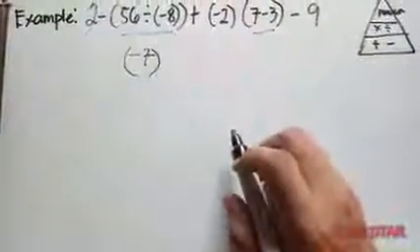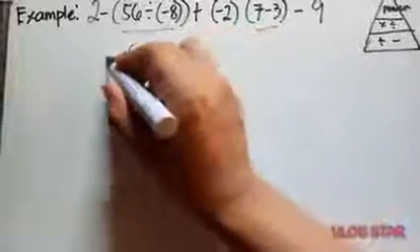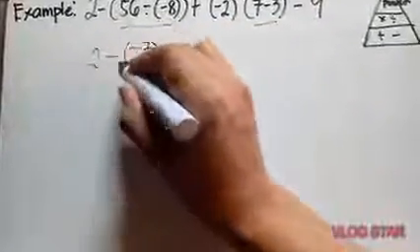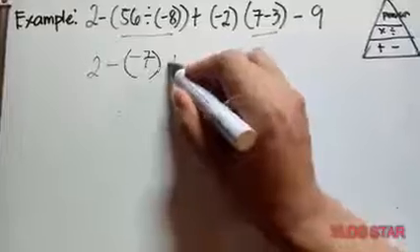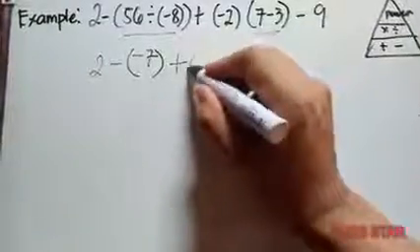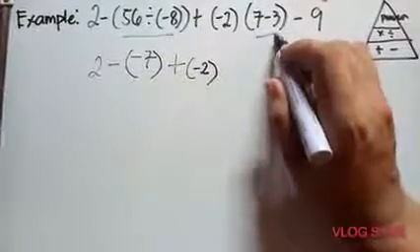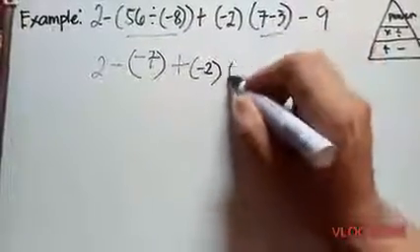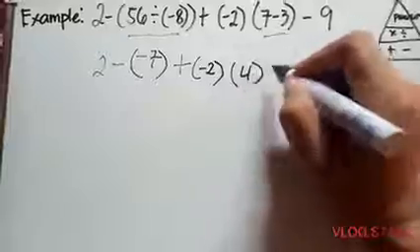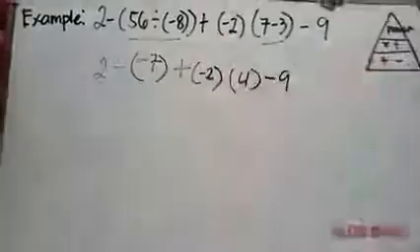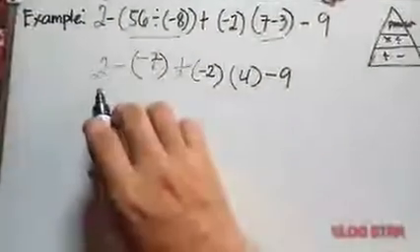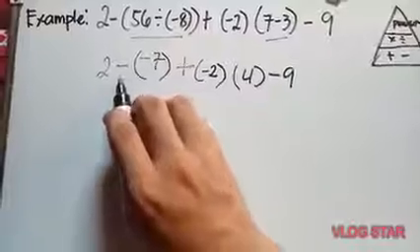Since this is negative 8, then copy 2 minus, then plus negative 2. Then next, we evaluate this expression. 7 minus 3, the answer is 4. Then copy 9.